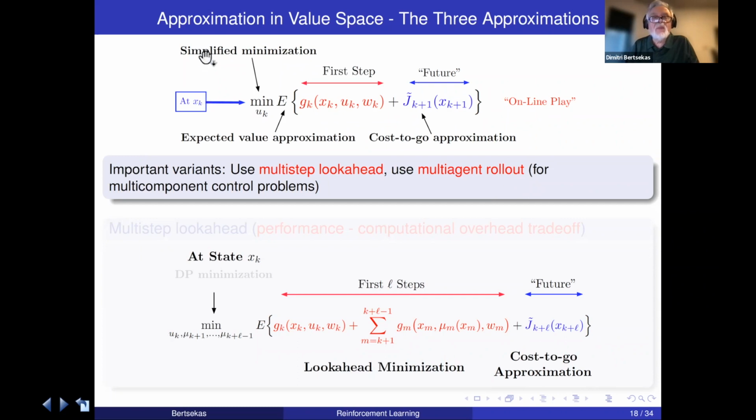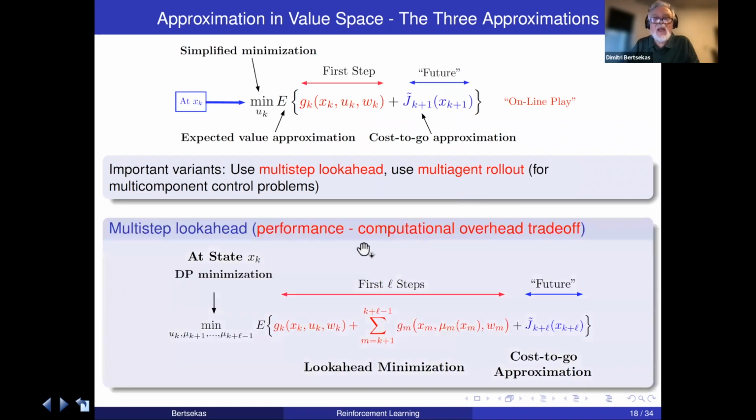Another possibility to simplify the minimization is when you have multi-agent problems involving multiple components, and then there are ways to simplify the minimization, which can be very useful and save a lot of computation time. We're going to look at multi-agent problems in the next lecture, but now I want to give you a figure for summarizing multi-step look ahead.